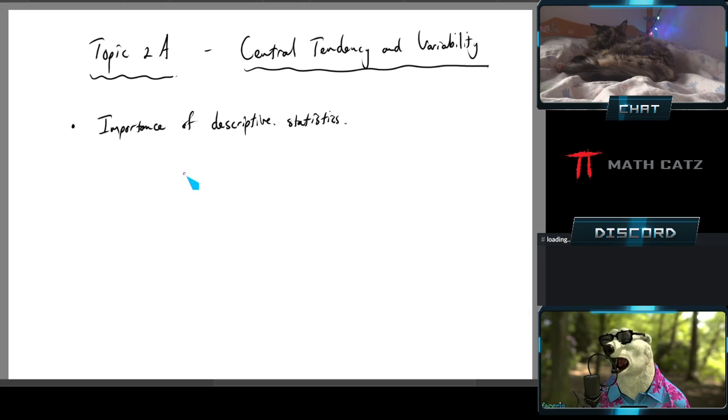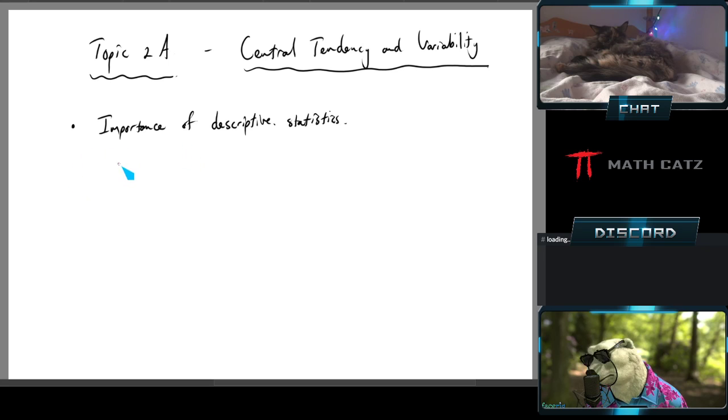And down the line, we want to use that in some way to make sound decisions for the future. But right now, we just focused in topic 1 on describing it. And we use the frequency table, we use the histogram, bar graph, depending on the type of variable.